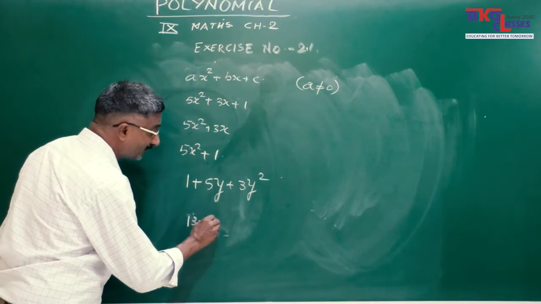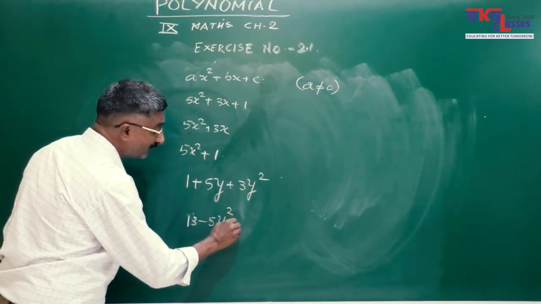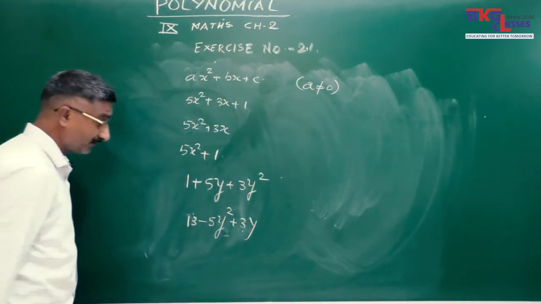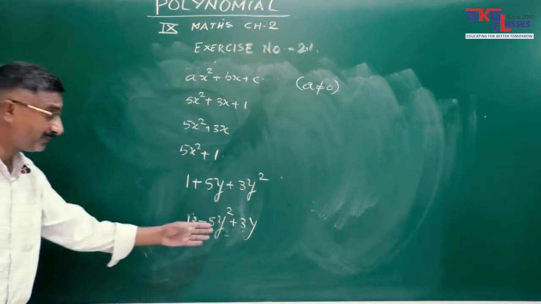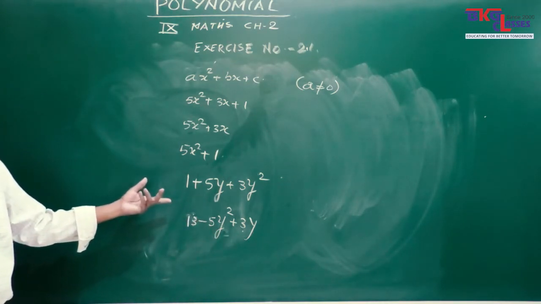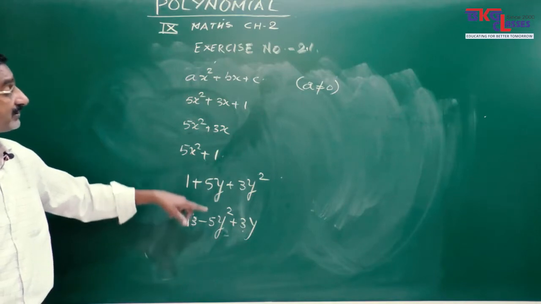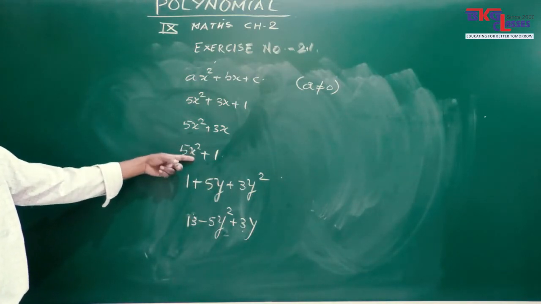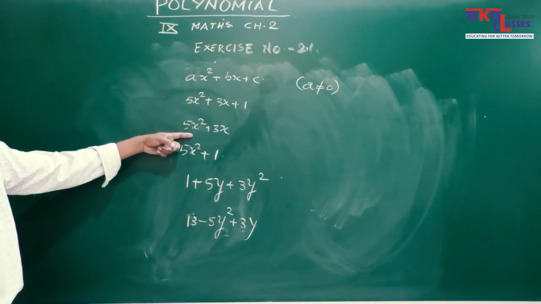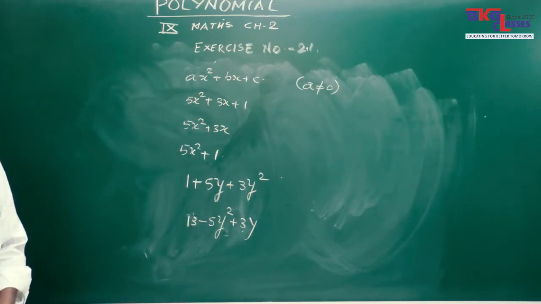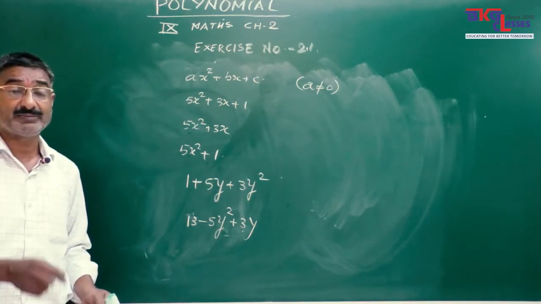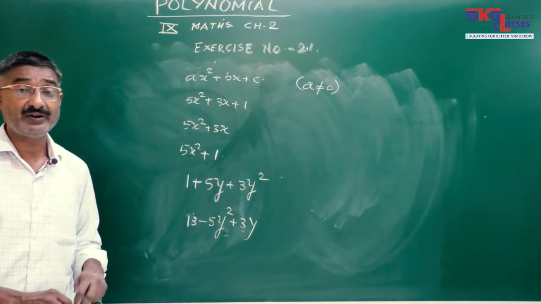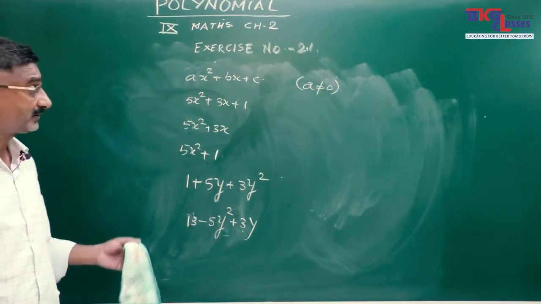13 minus 5y square plus 3y. Whatever the sequence may be, it doesn't affect. This is also a quadratic equation, and this, and this. All these are examples, and it means the power of the variable is 2. It should have degree 2. Clear?